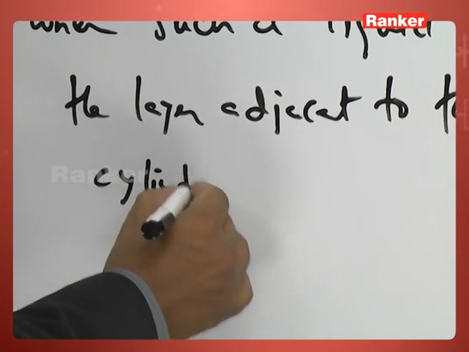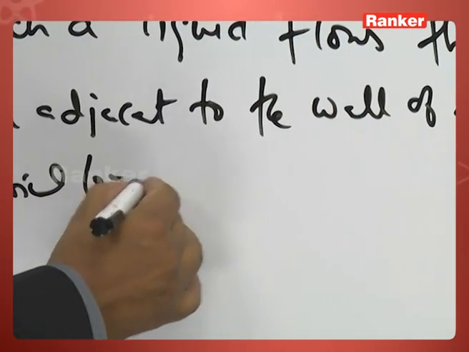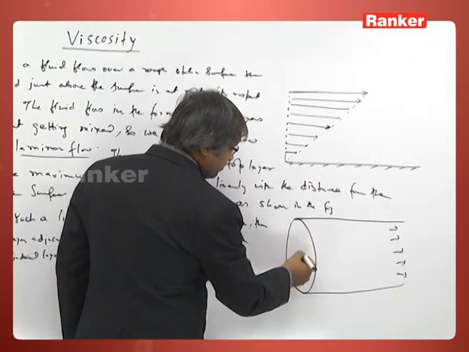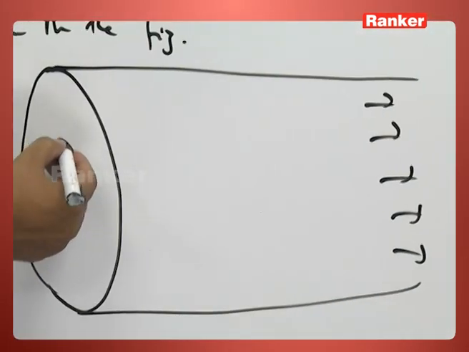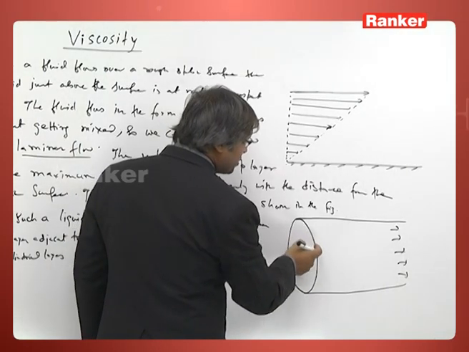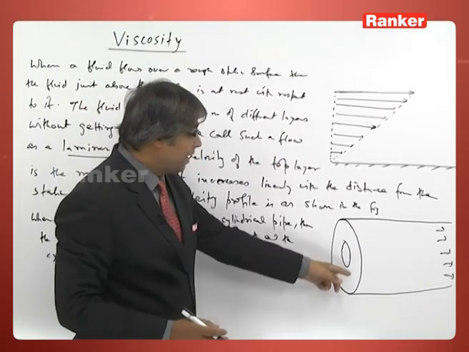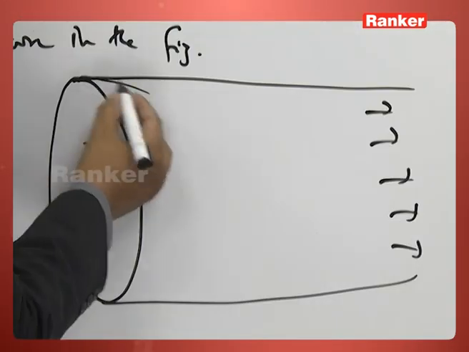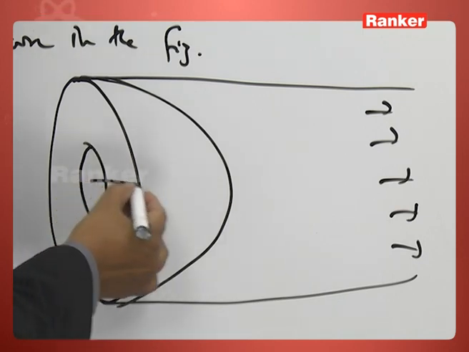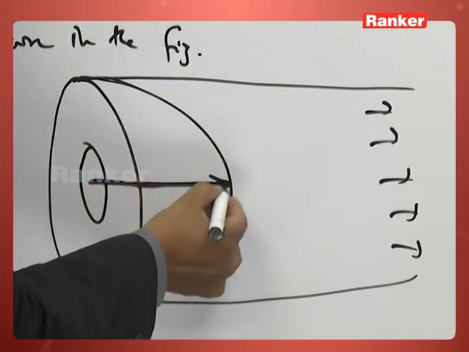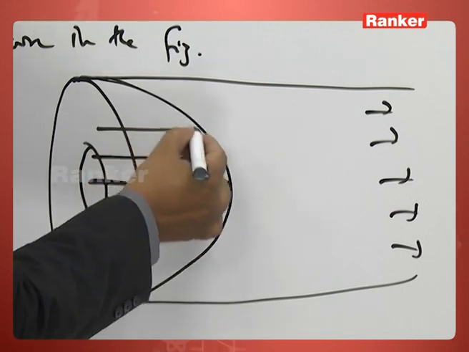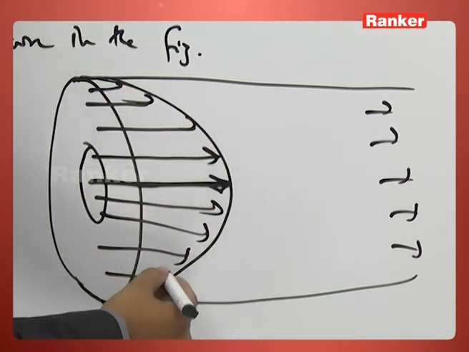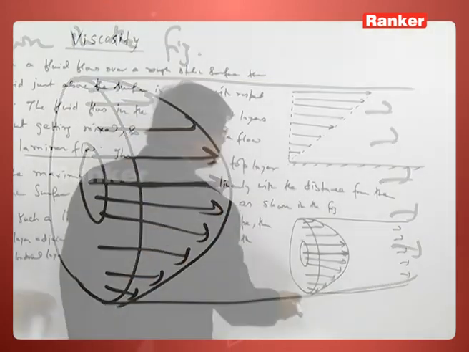The fluid within each cylindrical shell will have the same velocity, so they will form a velocity profile like this. At the center the velocity will be more, as you go on the velocity will decrease, and finally it decreases to 0. So, this is the curved profile.